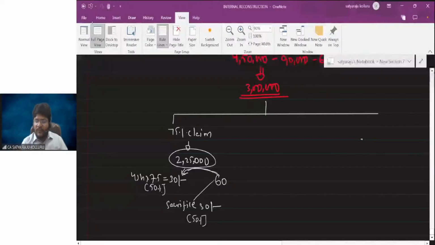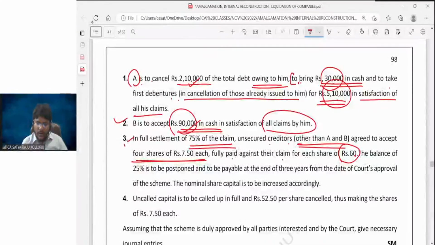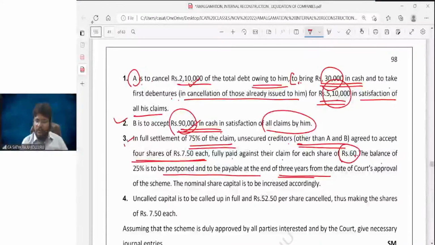The balance of 25%, that is 75,000 (3 lakh minus 2,25,000), is to be postponed and to be payable at the end of 3 years from the date of the court's approval of the scheme. You can treat it as a long-term borrowing because it is clearly given that it is payable after 3 years.